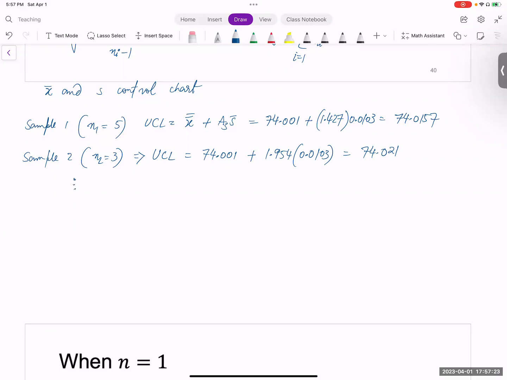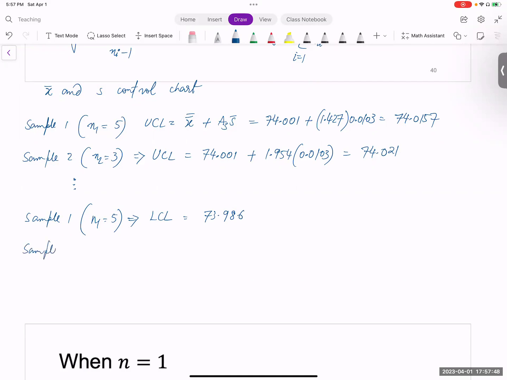Now let's look at LCL. So sample 1, N1 equals 5. Your LCL turns out to be 73 point... I'm just giving you the final numbers. Instead of plus, you have minus.